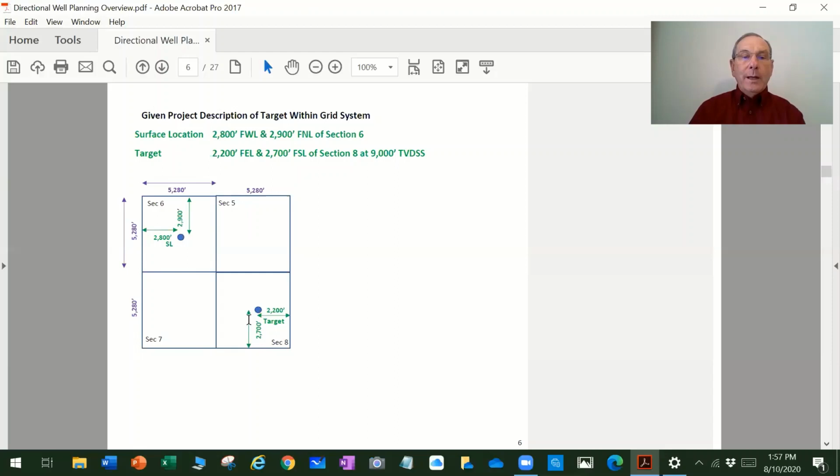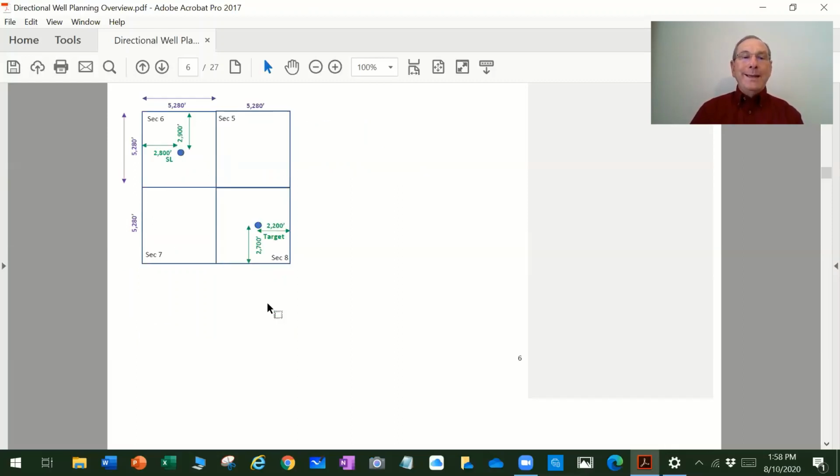And the target is located down in section 8, and it is 2,200 feet from the east line and 2,700 feet from the south line. Now, obviously, looking at this picture, we need to get the distances from the surface location to the east line and the distances from the target to the west line.